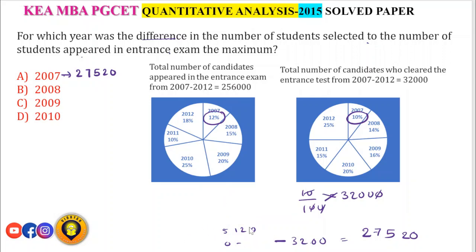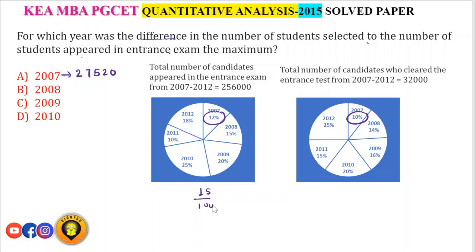In 2008, the number of students who appeared is 15% of 2,56,000. Then the 2008 students who selected are 14% of 32,000.